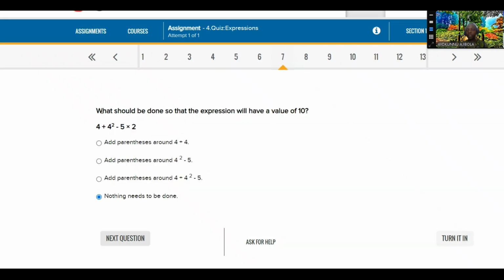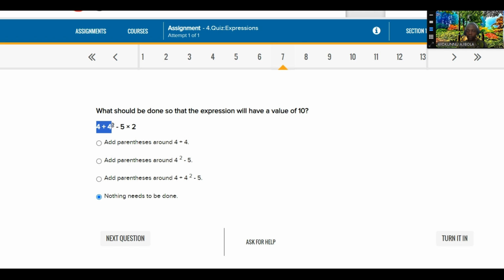Then the next question says, what should be done so that the expression will have a value of 10? The first option says add parentheses around 4 and 4. If we add it around 4 and 4, well, this 4 plus 4 is 8. 8 squared is 16.